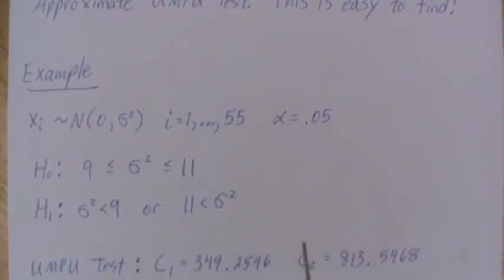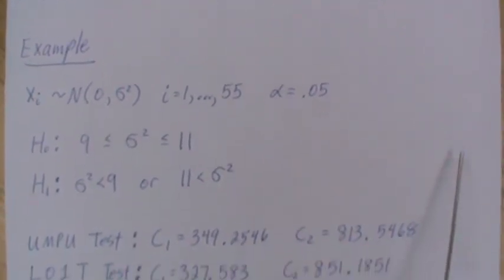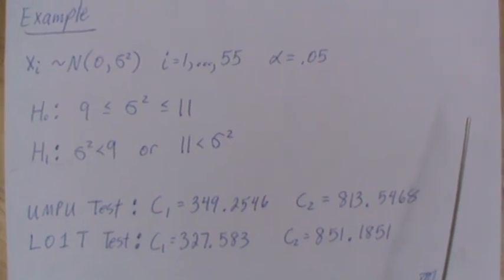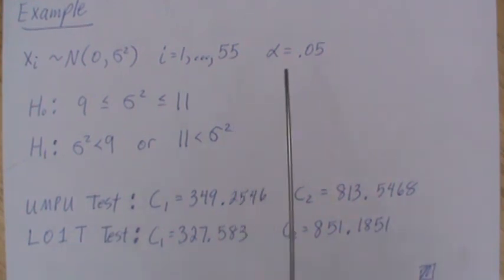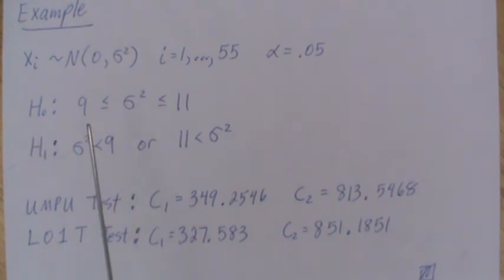The example we're going to do for the R illustration is this. We're going to assume our data is normally distributed with mean 0, variance sigma squared. We're going to take a sample size of 55, and conduct the test at 0.05. The null is that the variance is between 9 and 11. The alternative is that it's less than 9 or greater than 11.